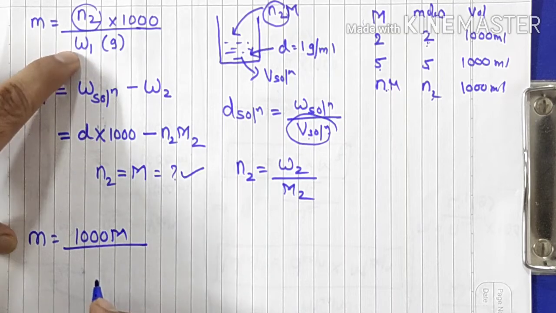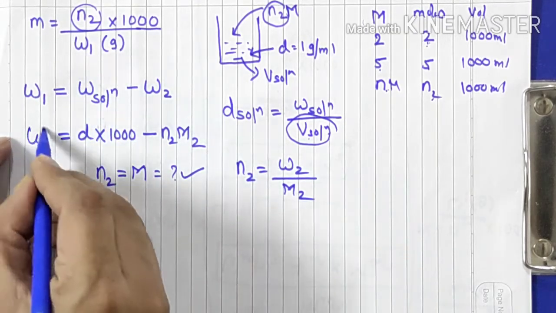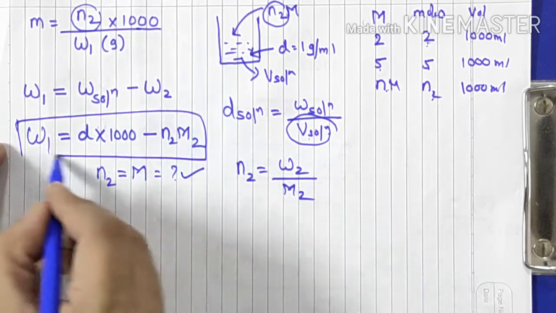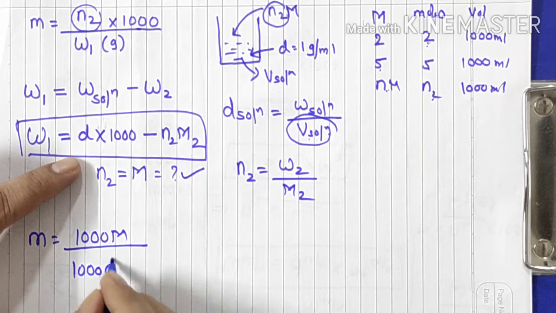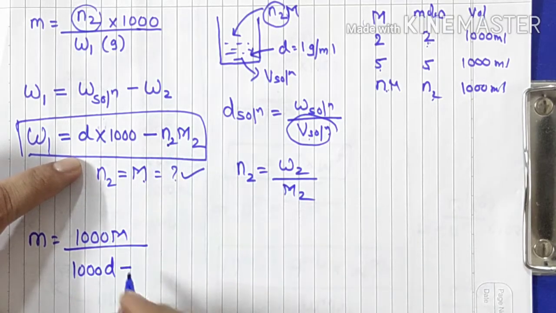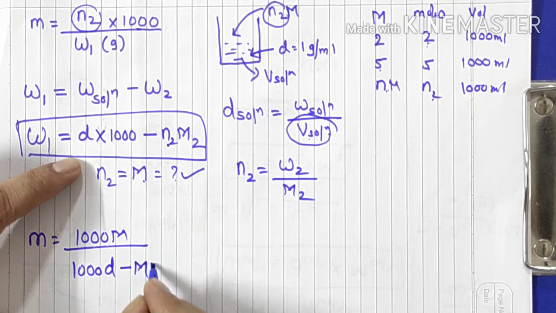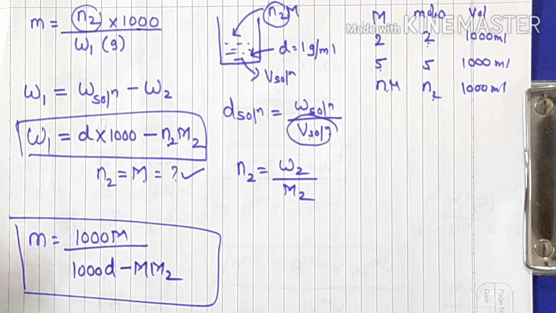Here, weight of solvent, this is the weight of solvent. So I can write this, right? So I'm writing 1000 D. Instead of N2, I can write M. So M into M2. Now this is how the formula is derived.